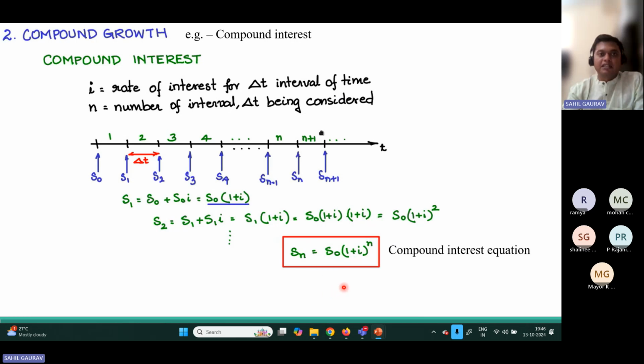If it is specified, then you use simple interest or exponential. Otherwise, if nothing is given, use the compound interest method. The compound interest expression is Sn is equal to S0 into (1 plus I) to the power n.